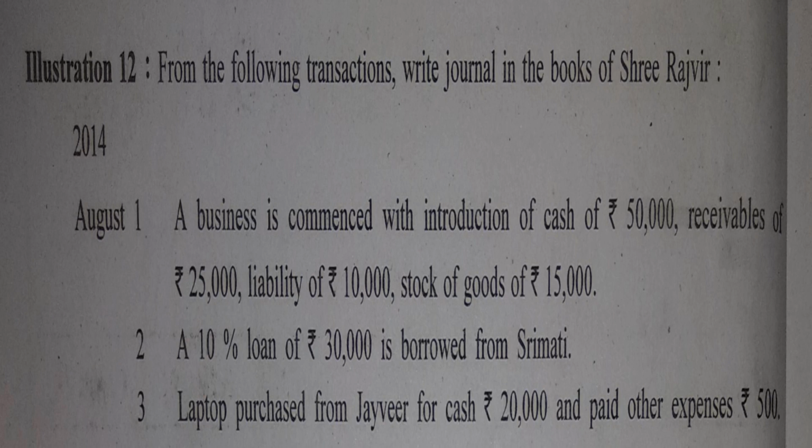Yes, business has just started, so it needs money. Cash has been brought of 50,000. Receivables 25,000. Receivables is what? Debtors indirectly. Yes, so 25,000 that you are supposed to take. A liability, stock of goods, everything of this is required in business and has been brought.